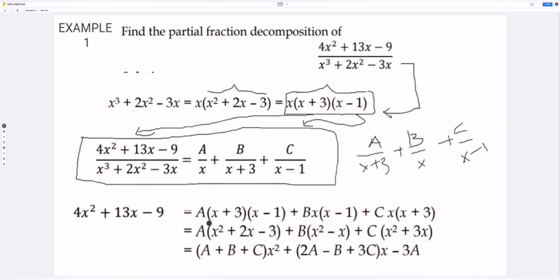So here it is. We are done with this. Next, in the second term, if we multiply x plus 3, the x plus 3 will be cancelled. So the remaining would be x times x minus 1.